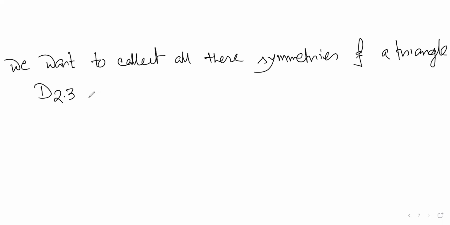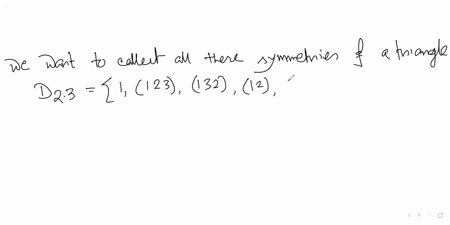I will explain why I did this type of naming of the set. First, collecting all the symmetries, right? The first one, the identity; then (1 2 3), (1 3 2), (1 2), (1 3), and (2 3). Fine.